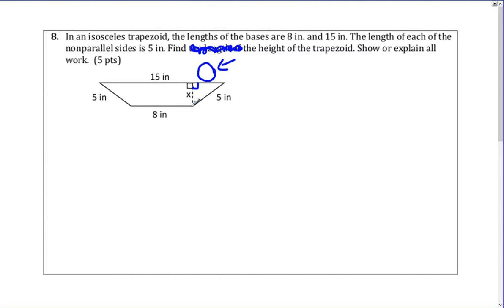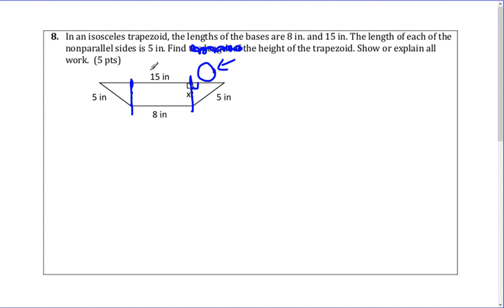Check this out. If I cut this right here, this shape in the middle is a rectangle, which means if this is 8, then this part is also 8.